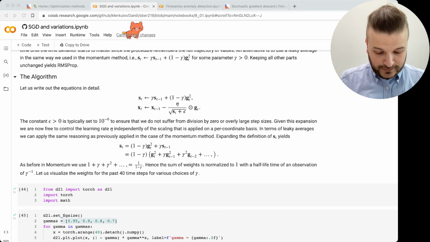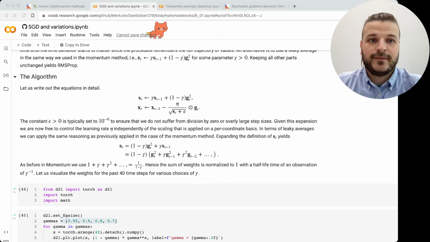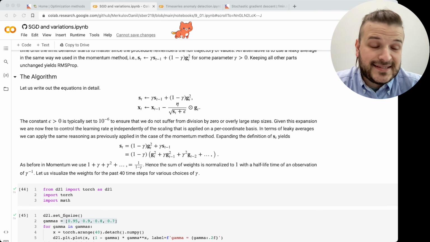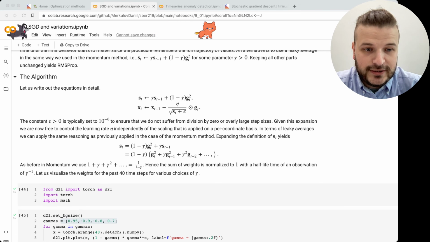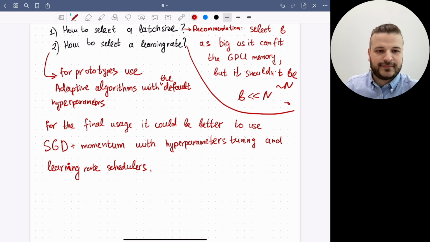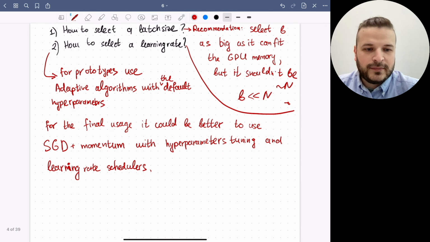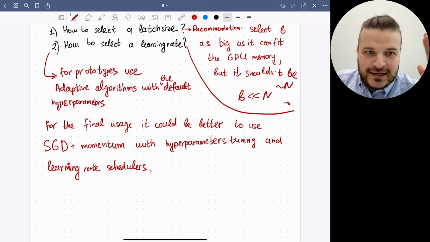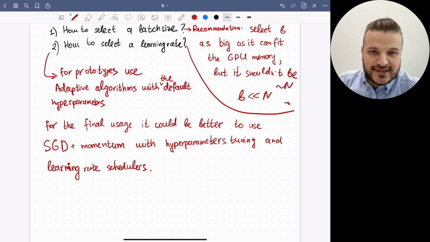conclusions about the methods and hyperparameter selection here. In fact, the practical suggestion will be to use any adaptive methods for your prototyping.